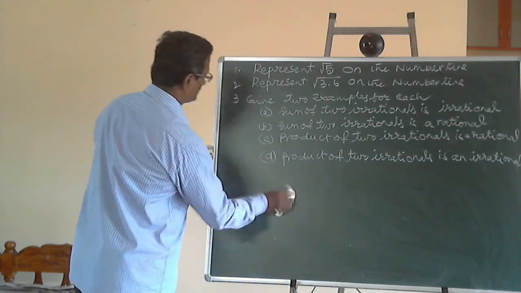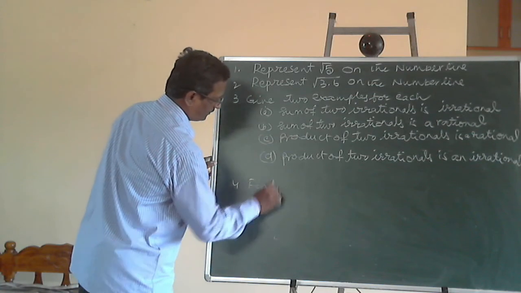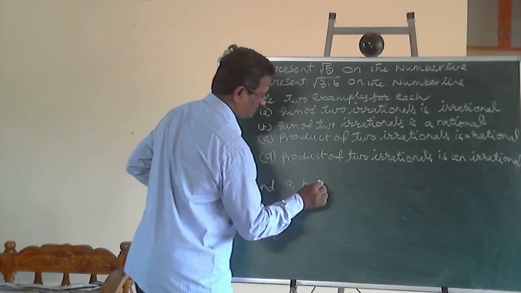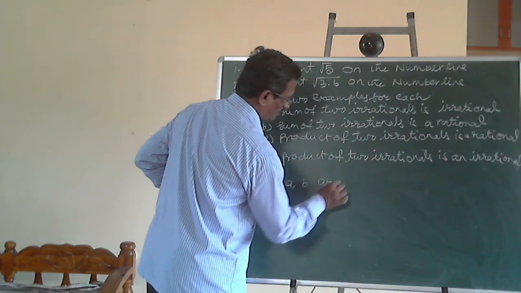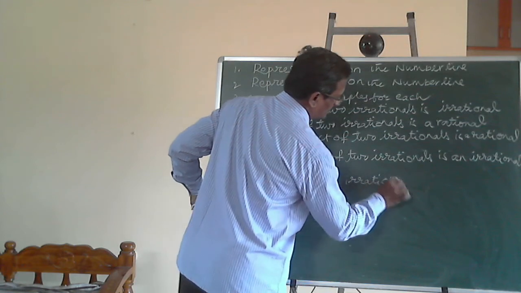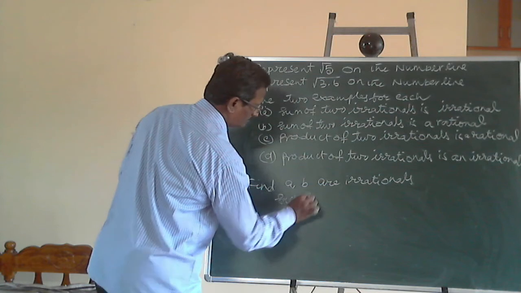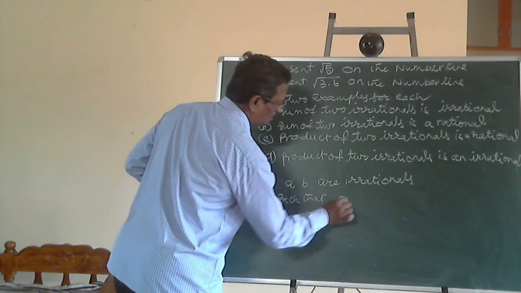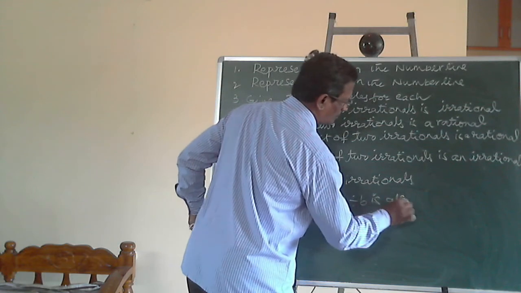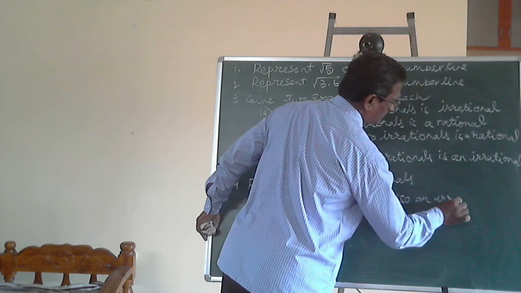Or let's consider: find a, b irrationals such that a divided by b is also an irrational.